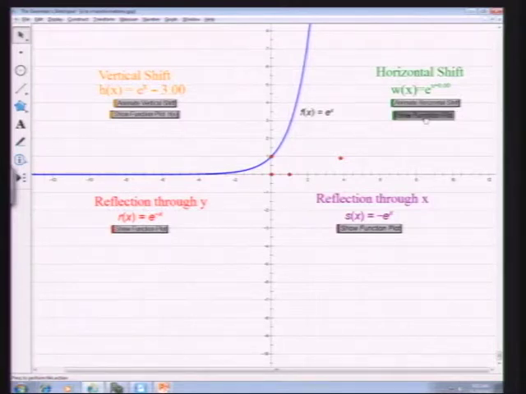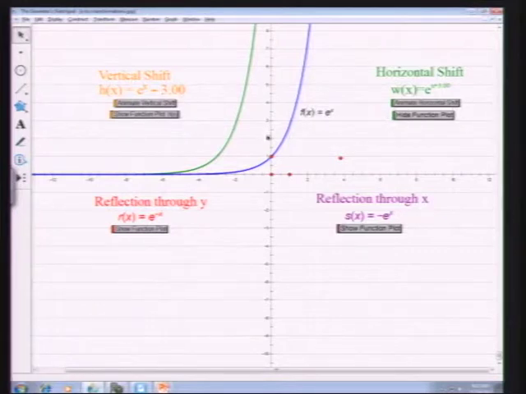So let's start with our function. Right now we've got e to the x plus 0, which is simply our f of x equals e to the x. But notice as soon as I animate this, we get a function like f of x equals e to the x plus 3.